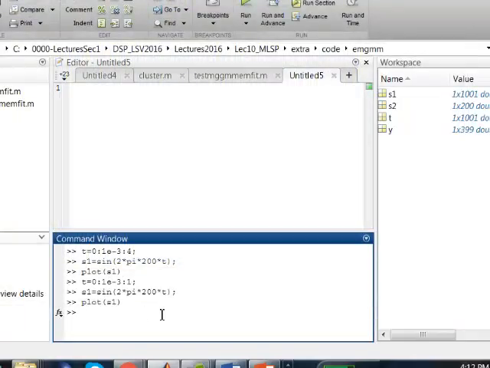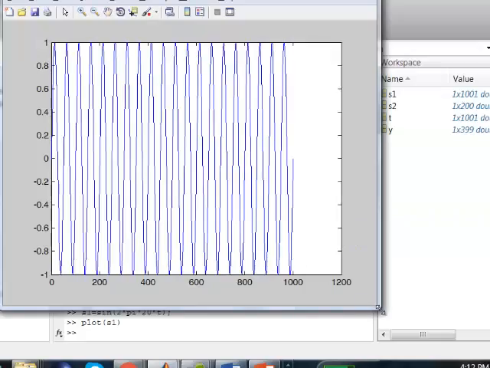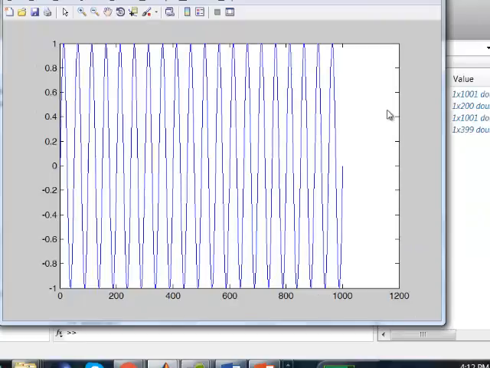Let me make it 20 hertz. So it's clear now. So that's the signal S1.